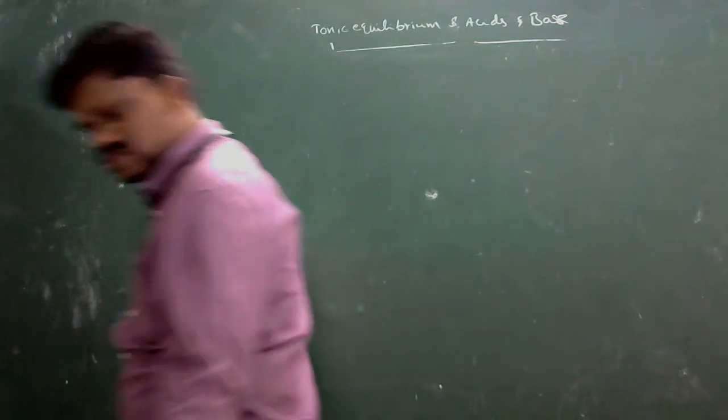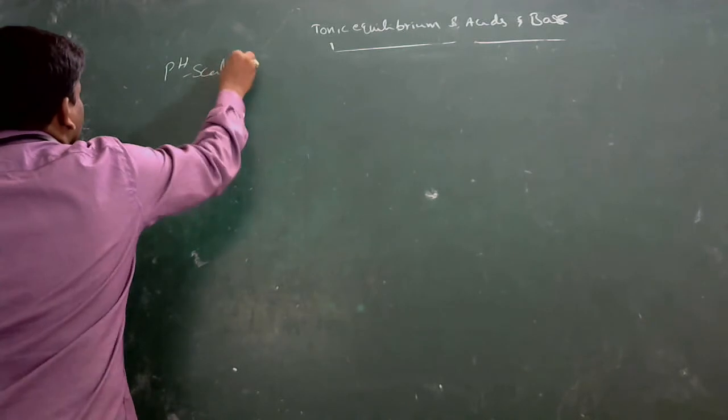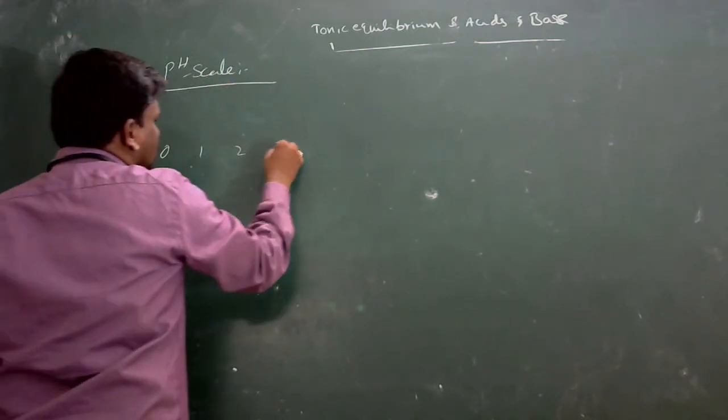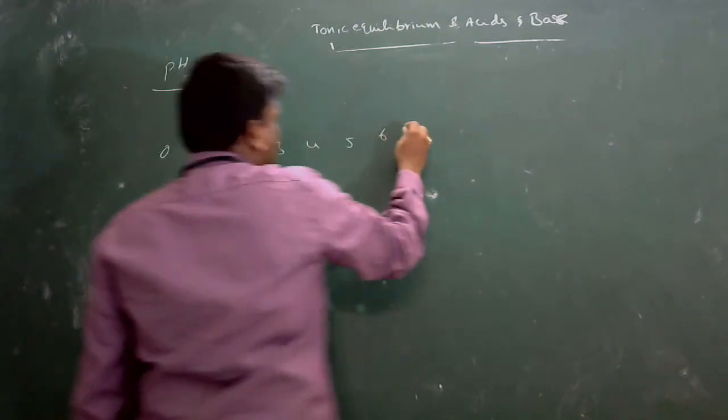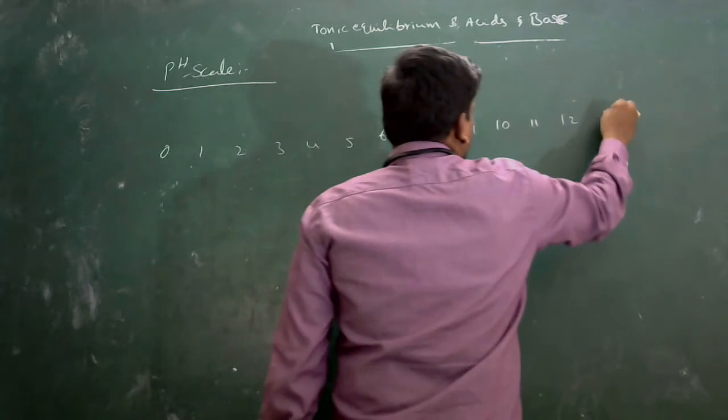Another one, the pH scale. In the pH scale: 0, 1, 2, 3, 4, 5, 6, 7, 8, 9, 10, 11, 12, 13, 14.